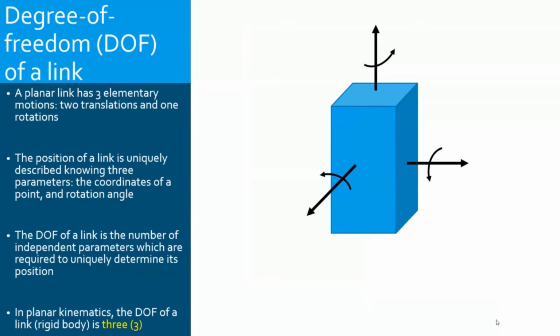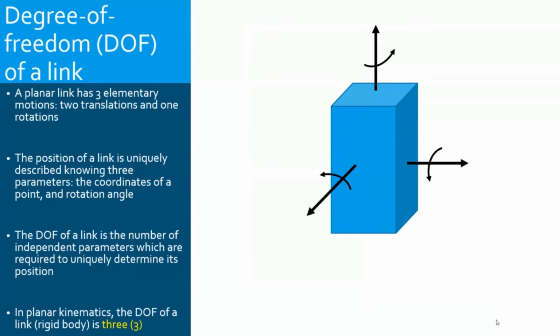Now, in space, just to give an overview rapidly, we are not going to focus on 3-dimensional problems. In 3D, a body has 6 degrees of freedom. Why? Because I need 6 parameters to describe the motion: the 3 coordinates of the center of mass and the 3 angles of rotation.